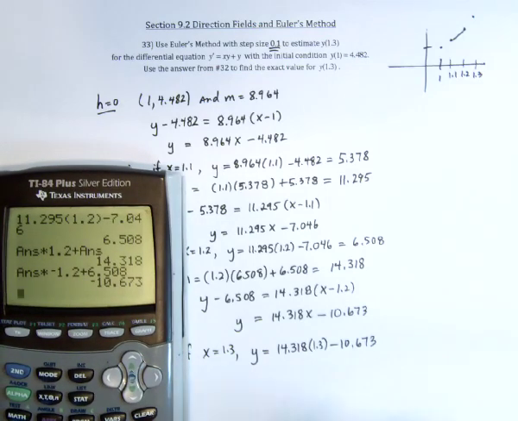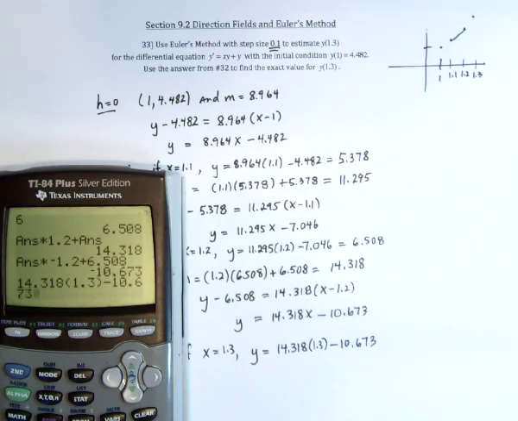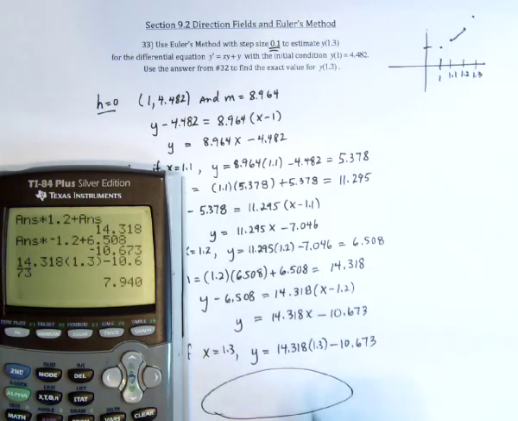All right, last one. So y at 1.3 is going to be 7.94.